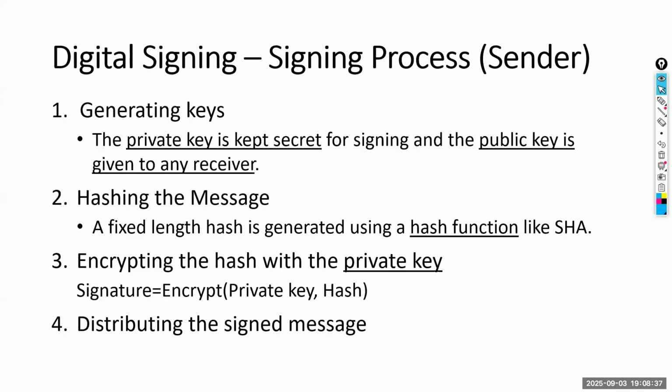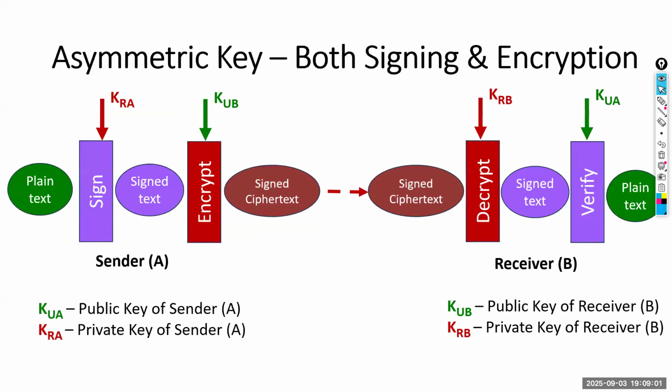And remember, we can combine these two together. That is, both sender and receiver have key pairs. Sender gets the public key of the receiver and encrypts it, and then signs it using the private key of the sender, and then sends it to the receiver.